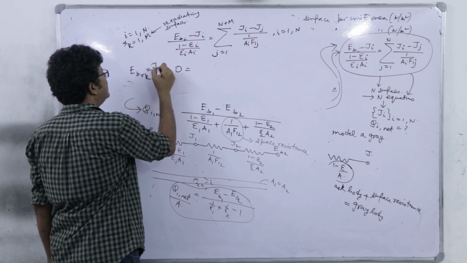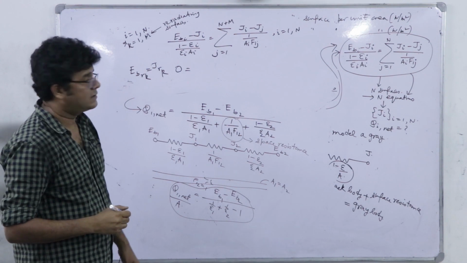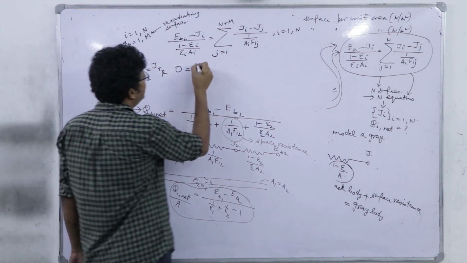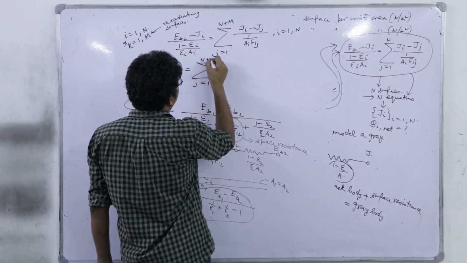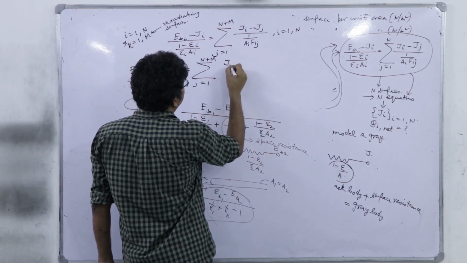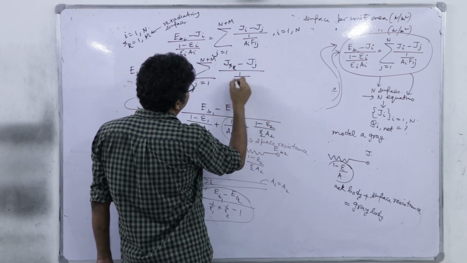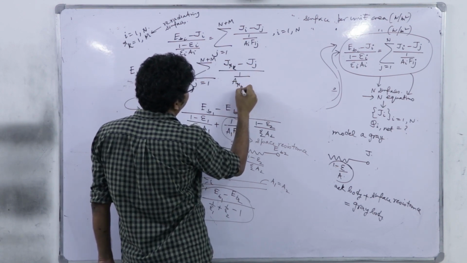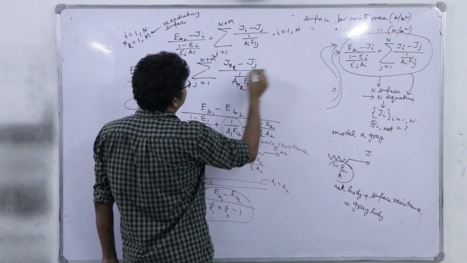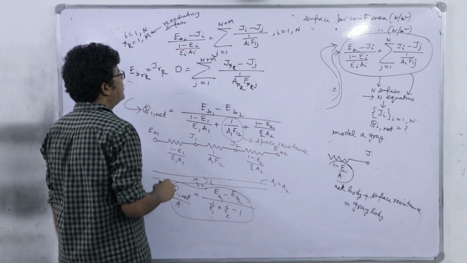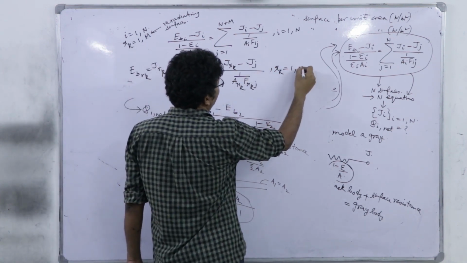Now for re-radiating surfaces the left part will be 0, because Qi net is 0, we have EBRk equal to JRk. Rk is the index for the re-radiating surface. Then the sum over j equal to 1 to n plus m of (JRk minus Jj) divided by 1 divided by (A of Rk into F of Rk comma j) will be equal to 0, and Rk varies from 1 to m.